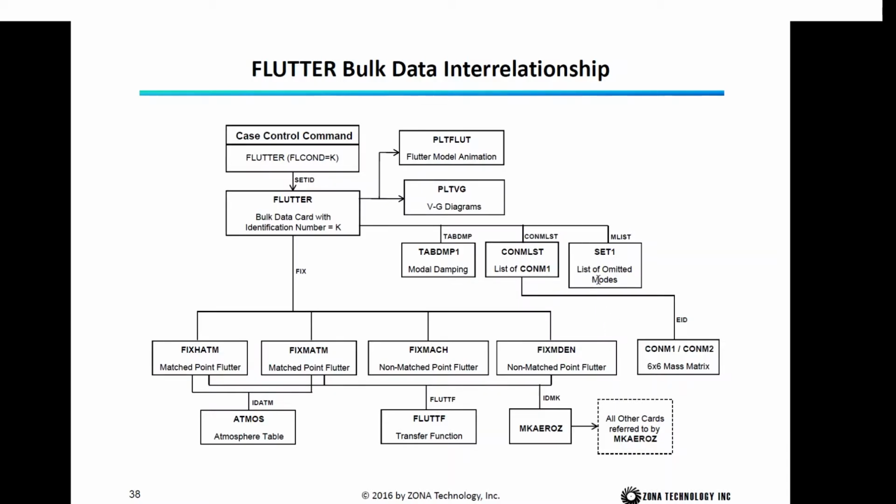In the SET1 card, you list out the mode indices, and those modes will be excluded from the flutter analysis. Also, you can specify a PLOTVG card to output data that can be used to create a VG and VF diagram.